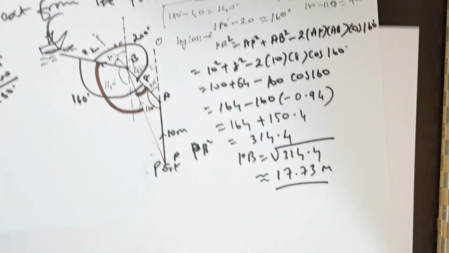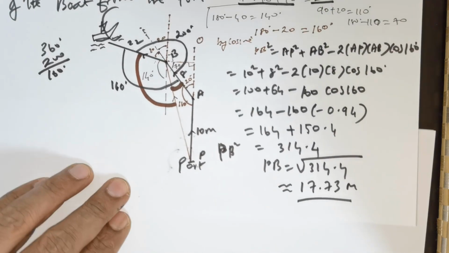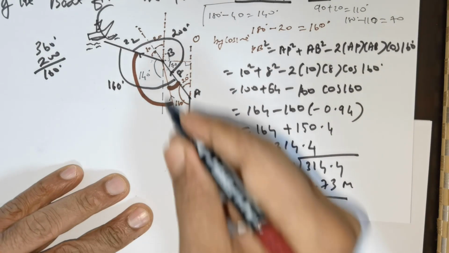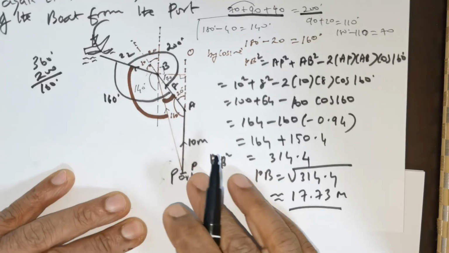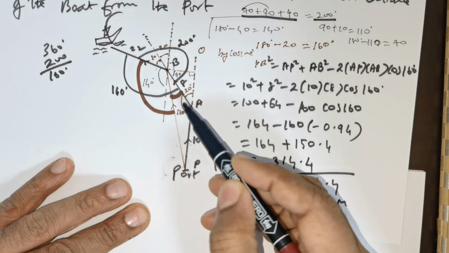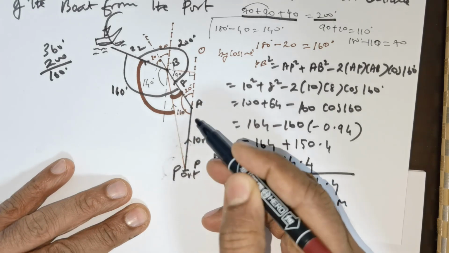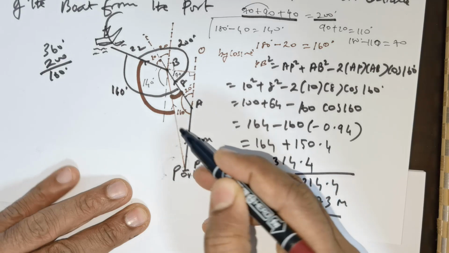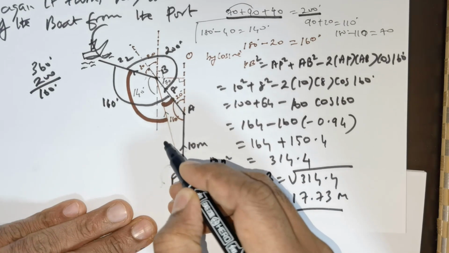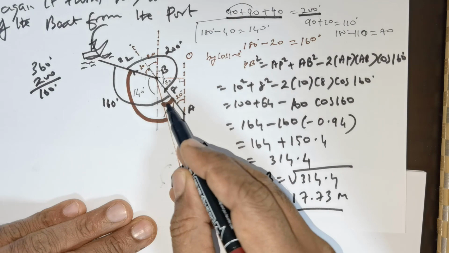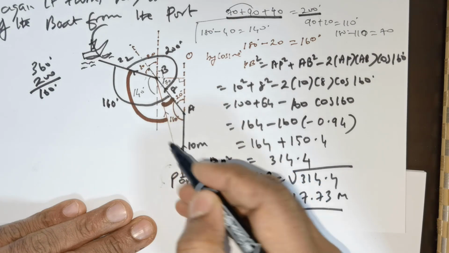Probably I will do it in this space over here. So I know this length, and I need to get this angle, and I also know this length, right? So this angle is required. Let us take this as alpha.